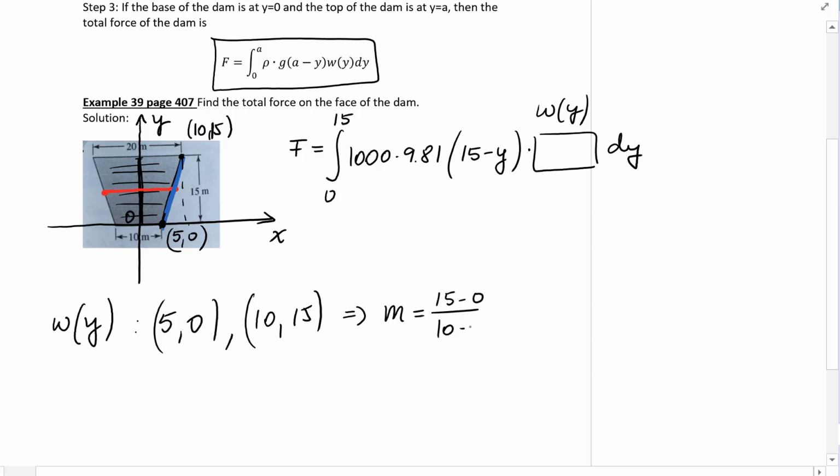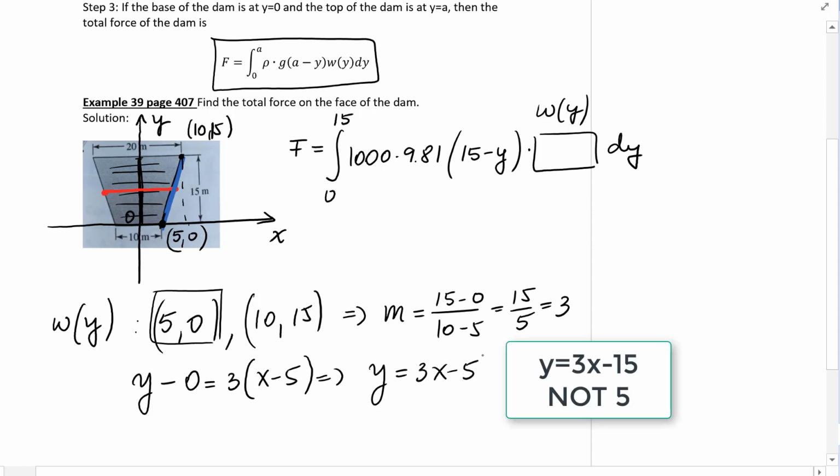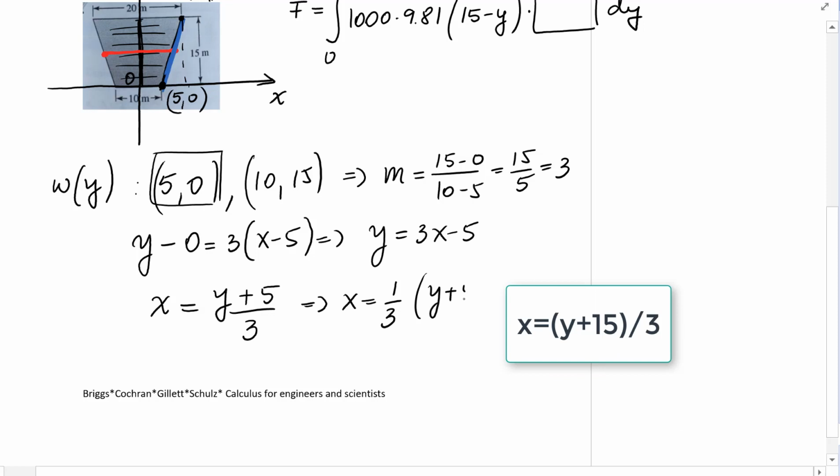It's 15 minus 0 over 10 minus 5, so it's 15 over 5, which is 3. So now y minus 0 equals 3 times x minus 5, so y equals 3x minus 5. Or x equals y plus 5 over 3. Or I can say x equals 1 over 3 y plus 5.